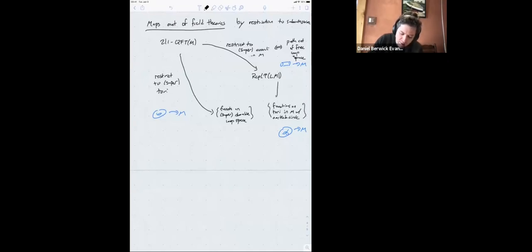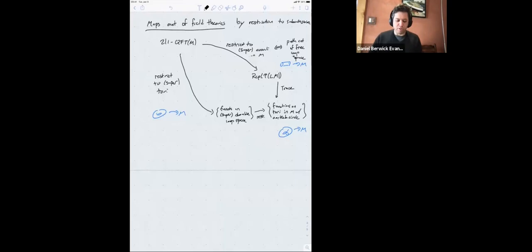And the map here is going to be basically a trace map. Or if I have this representation of the path category, if I have loops in that path category, that's going to give me an endomorphism, and I can trace that endomorphism. That'll give a map down there. This map here is basically just a restriction. Or if you prefer, there's the map that forgets the circle in a torus that gives a map on moduli spaces one way, you get a map on functions the other.